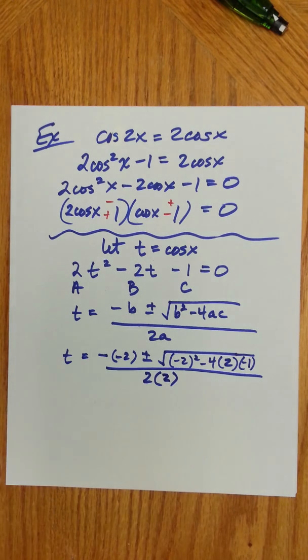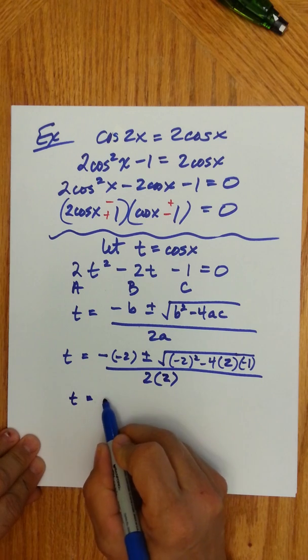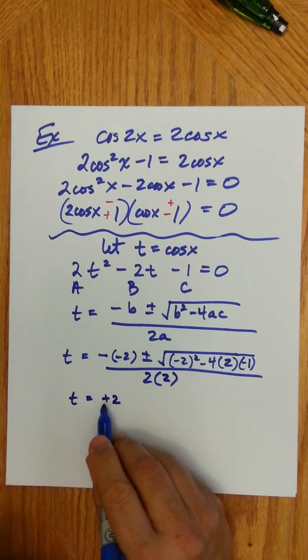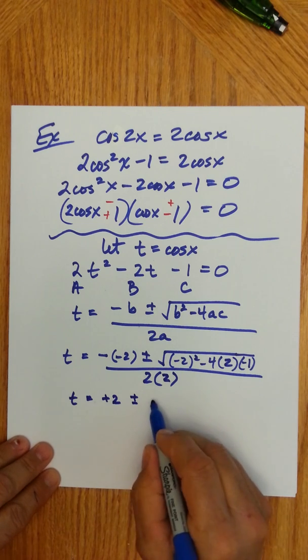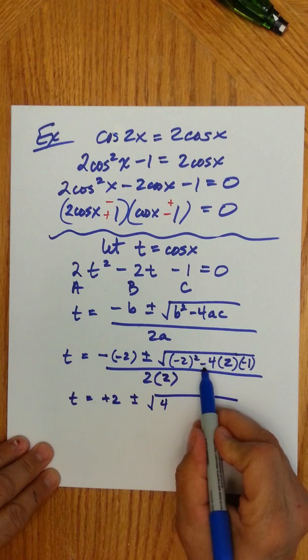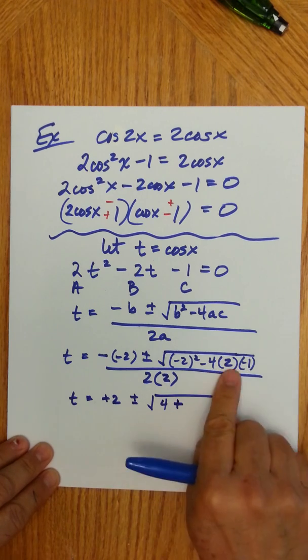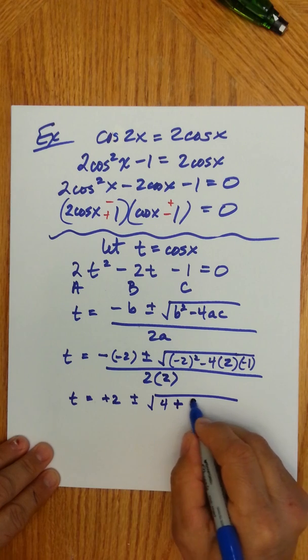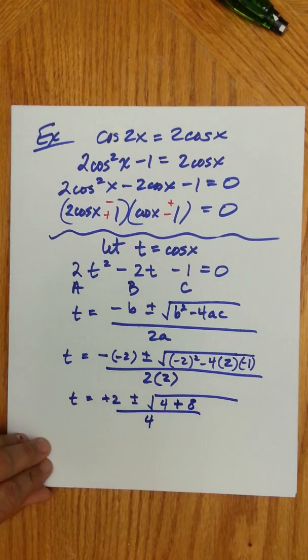Now when I start to simplify, a negative times a negative is a positive, so it's a positive 2. I don't have to write the plus, but it's just so that I make fewer mistakes. Plus or minus, now negative 2 squared is 4. Then I have minus and a minus, so negative times a negative is going to be a positive, and 4 times 2 is 8, times 1 is still 8. All over 2 times 2 is 4, okay?